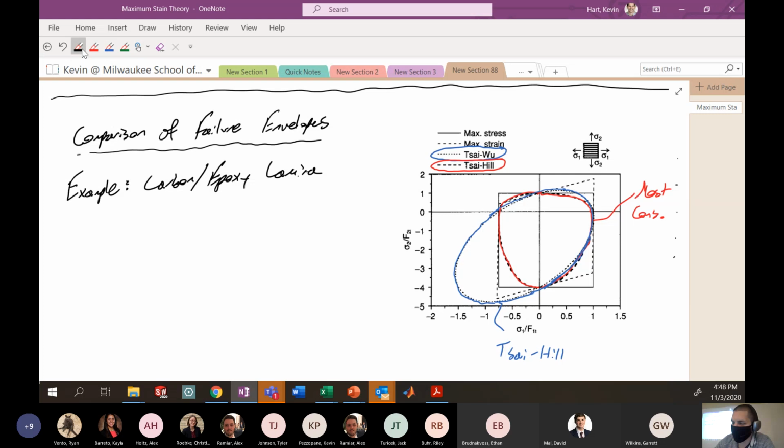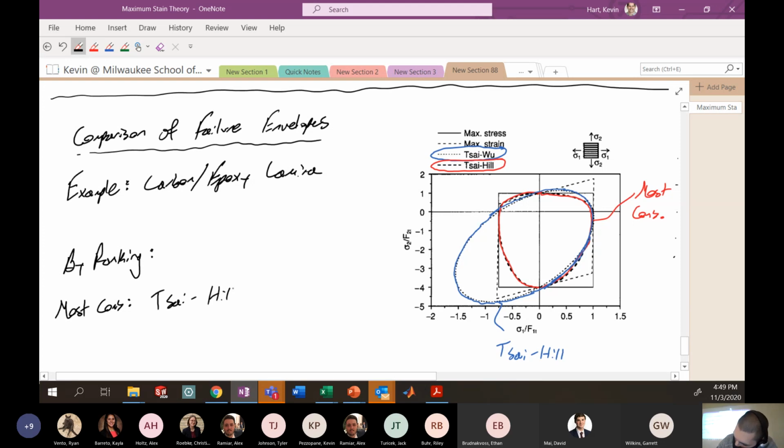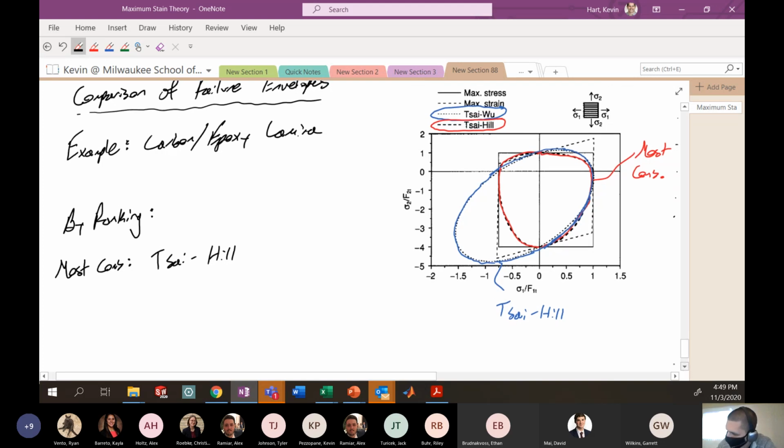But in general, if you had to rank them, maybe your most conservative would be Psi-Hill. Then next, max strain.